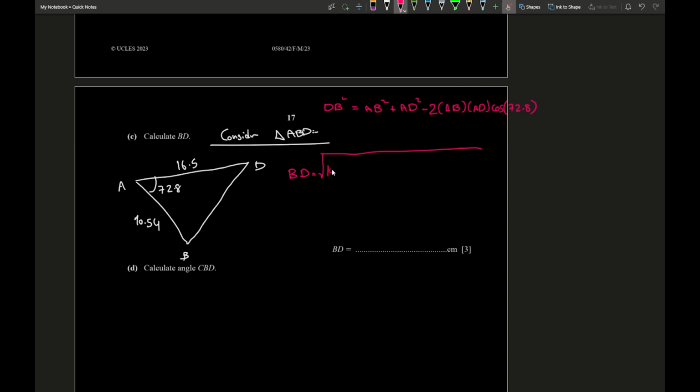So BD equals the square root of 10.54 squared plus 16.5 squared minus 2 times 10.54 times 16.5 times the cosine of 72.8.